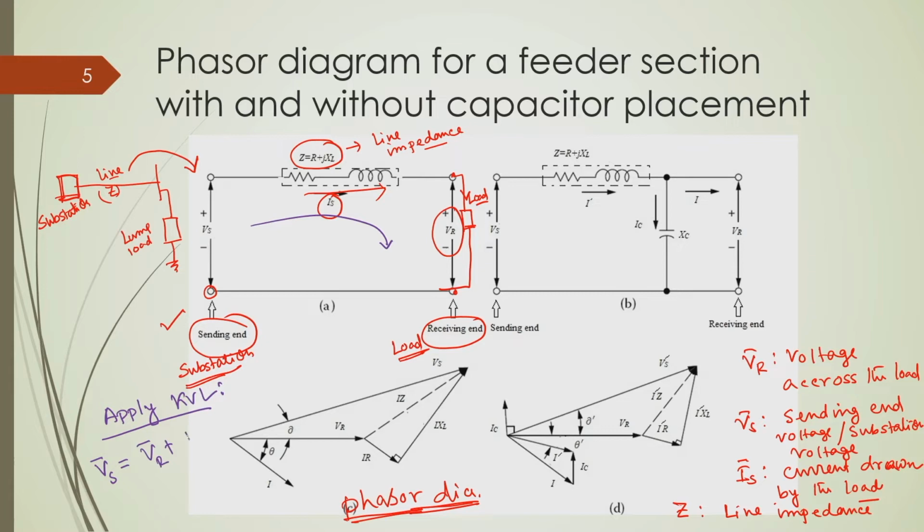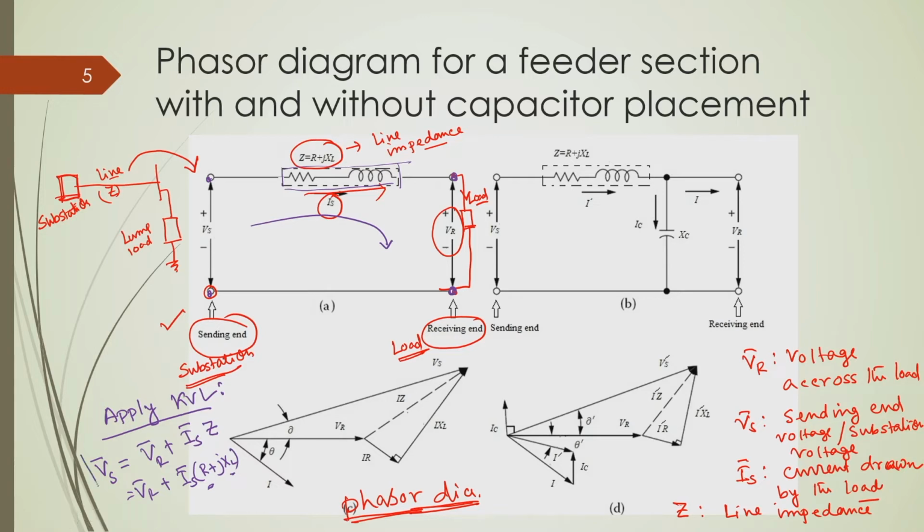This line drop is represented by I s multiplied by Z. Alternatively, if you subtract the voltage drop due to the line impedance from the sending end voltage, then whatever voltage you get will be the voltage at the receiving end where our load is connected. Now, this Z I can write as V r plus I s multiplied by R plus j X L, where R is the line resistance and X L is the line reactance.